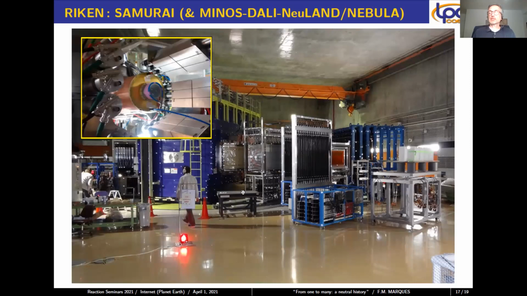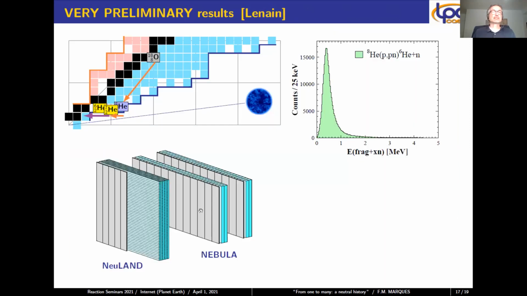And before finishing this seminar, just to show you that the experiment went very well, and that the data are promising. This is another channel. So I told you that we create helium-8 secondary beam and that we remove 1 proton.